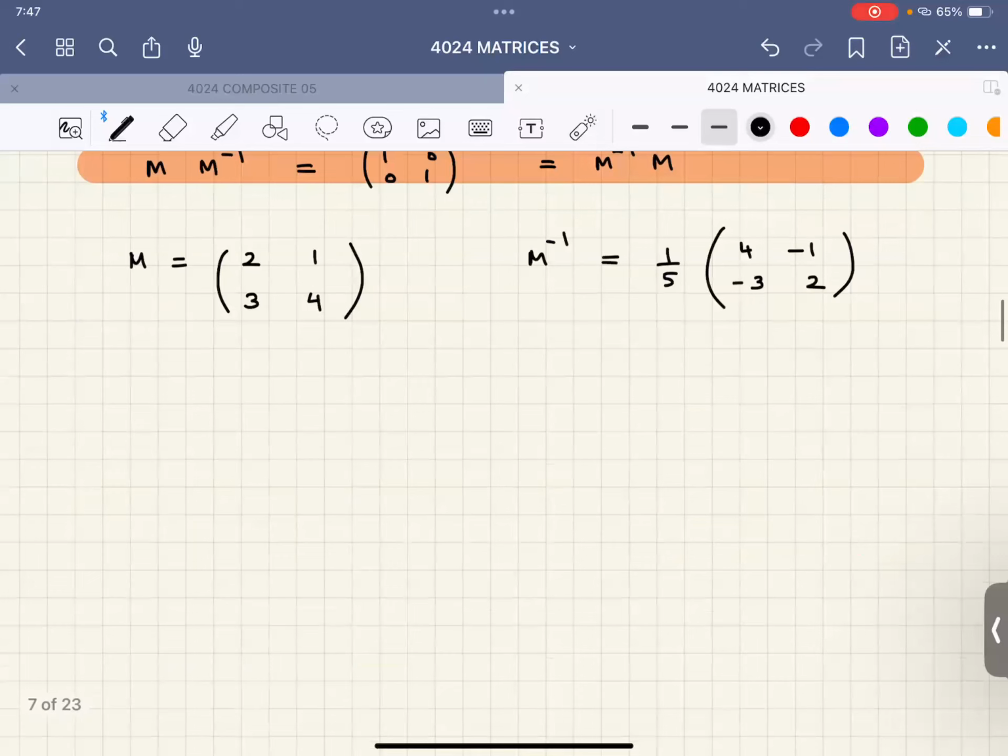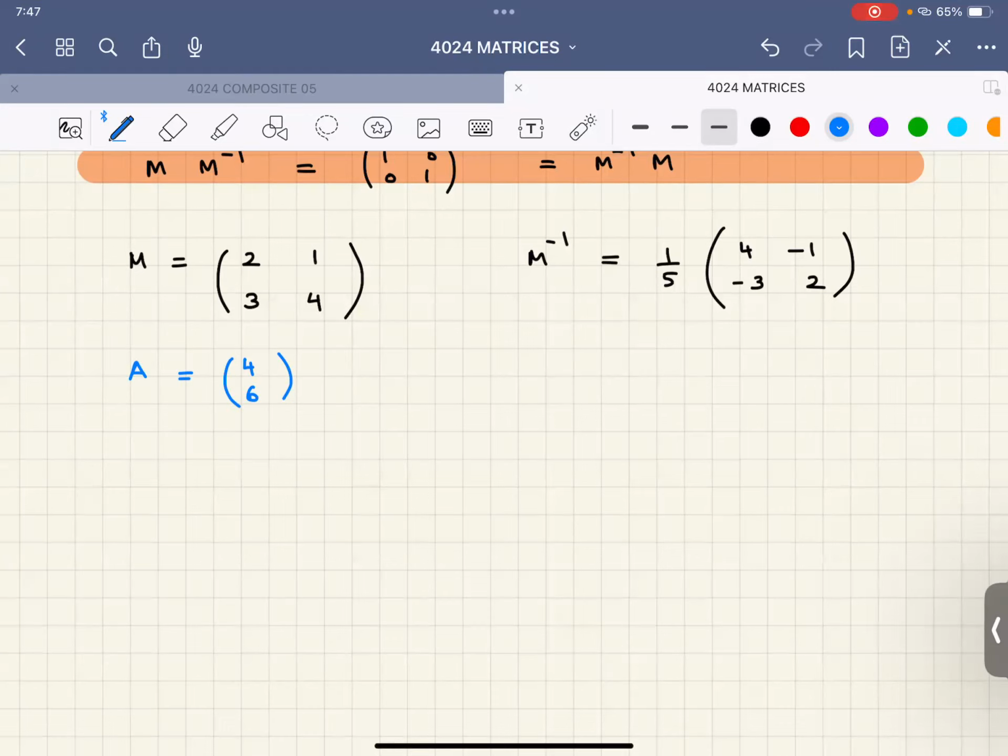Now, let me take a matrix. Let me write it as A. And this is 4, 6.